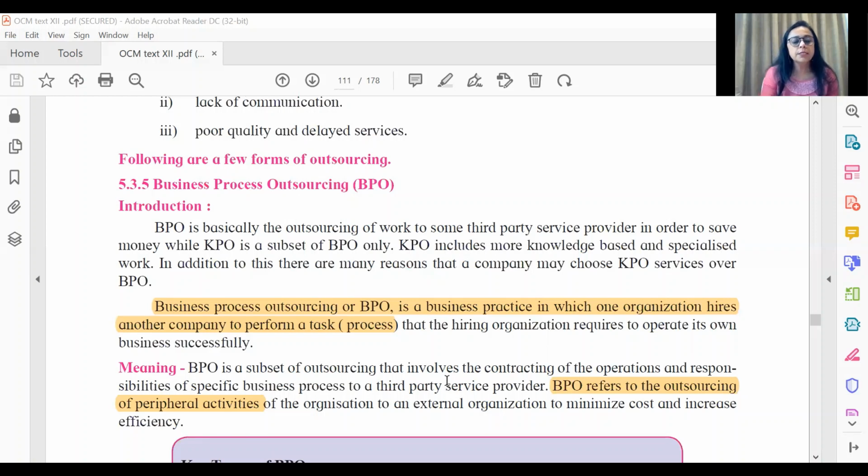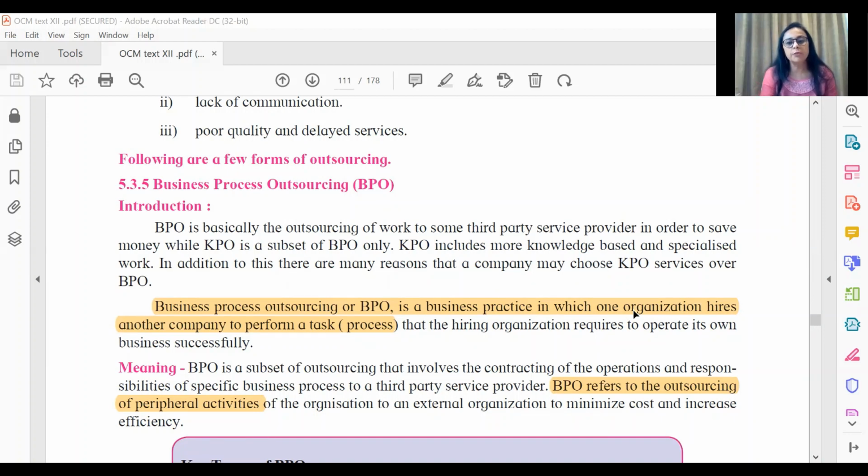If you see, business process outsourcing is a practice in which one organization hires another company to perform a task. Every business organization, every enterprise, every educational institution has hired a security agency. So that's the BPO that they're talking about. American companies have appointed BPOs for customer service in India.